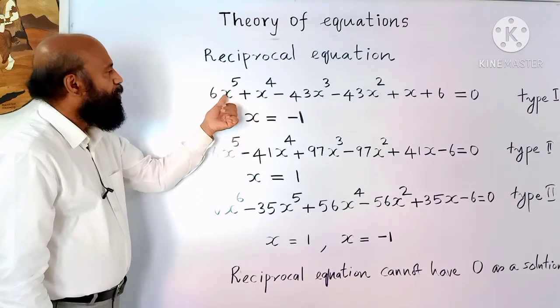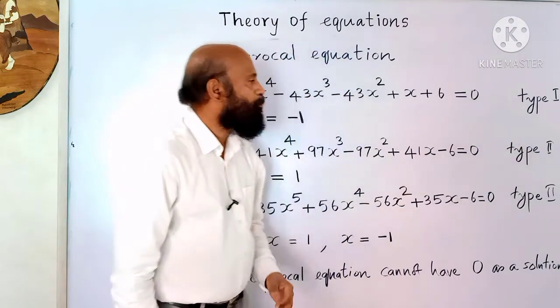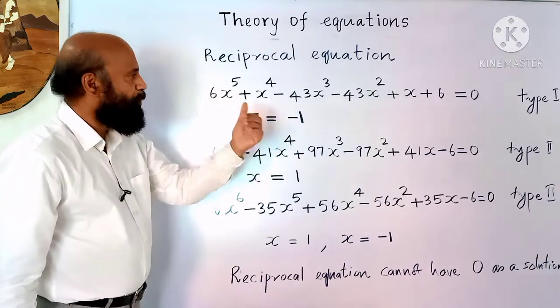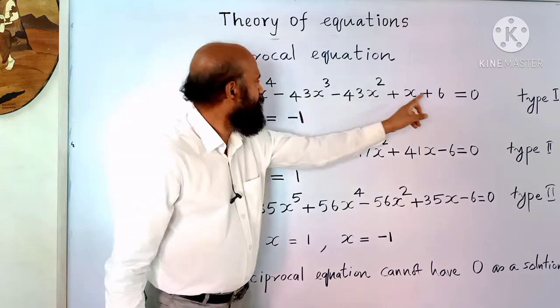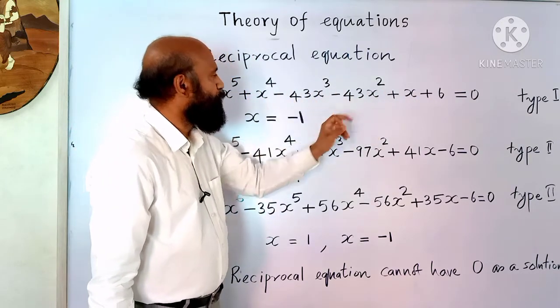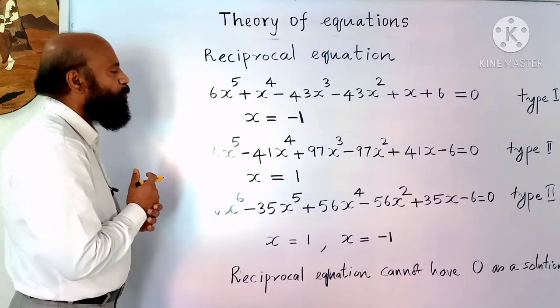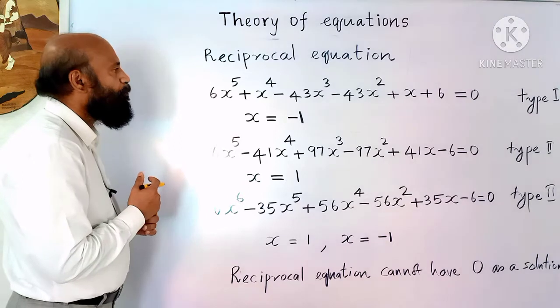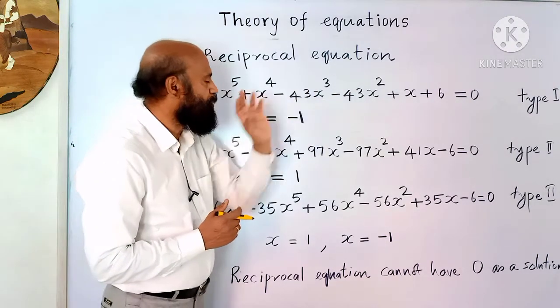This is an odd degree type 1 polynomial equation. See, plus 6 plus 6, plus 1 plus 1, minus 43 minus 43. Here the sum of the coefficients of odd powers will be equal to the sum of the coefficients of even powers.